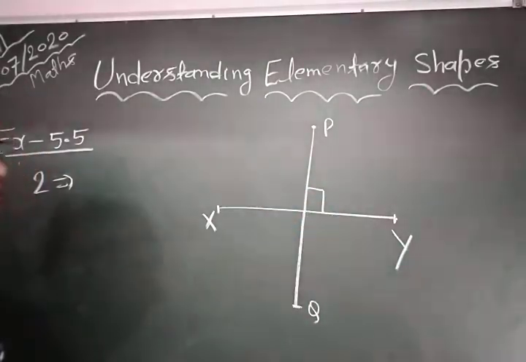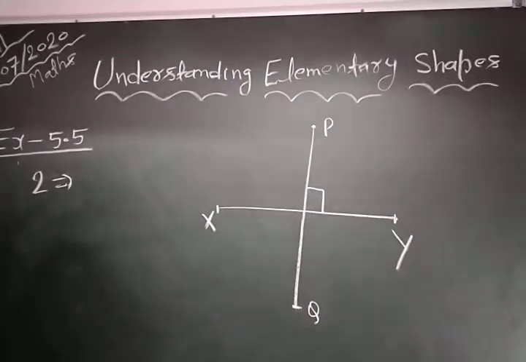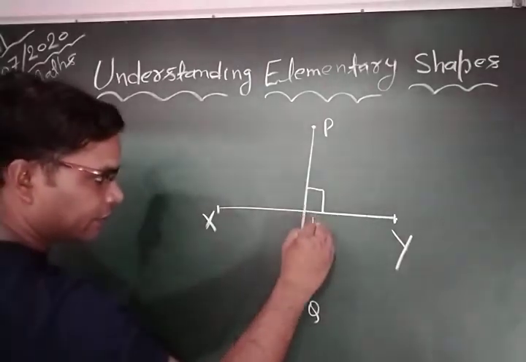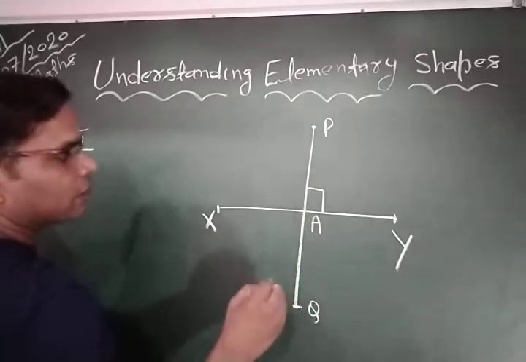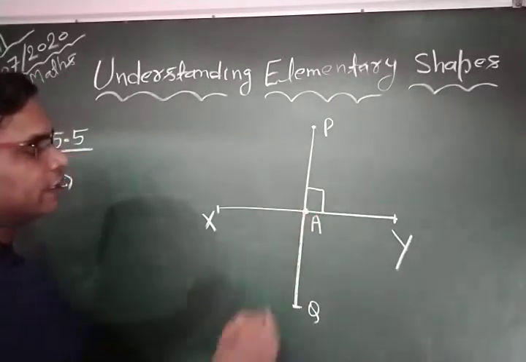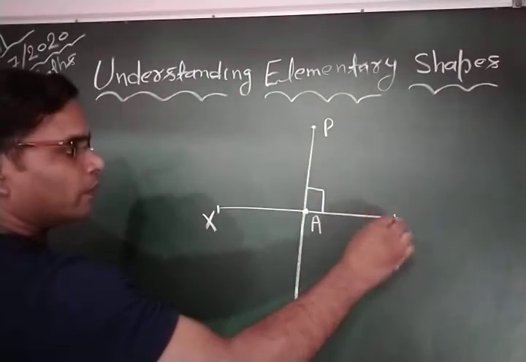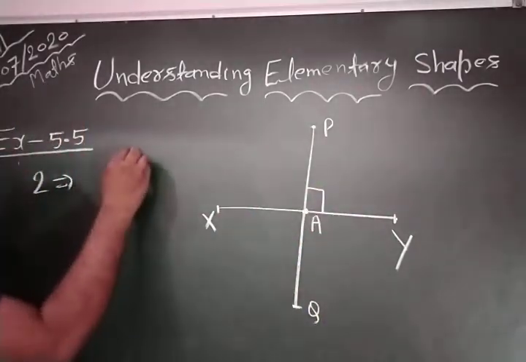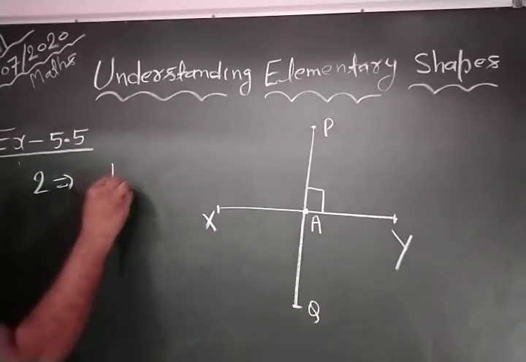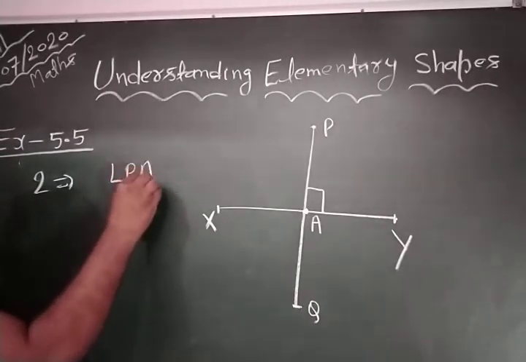PQ and XY are perpendicular line segments, and they intersect at point A. Here this is point A. Which angle do we find here? PAY. So we find the value of angle PAY.